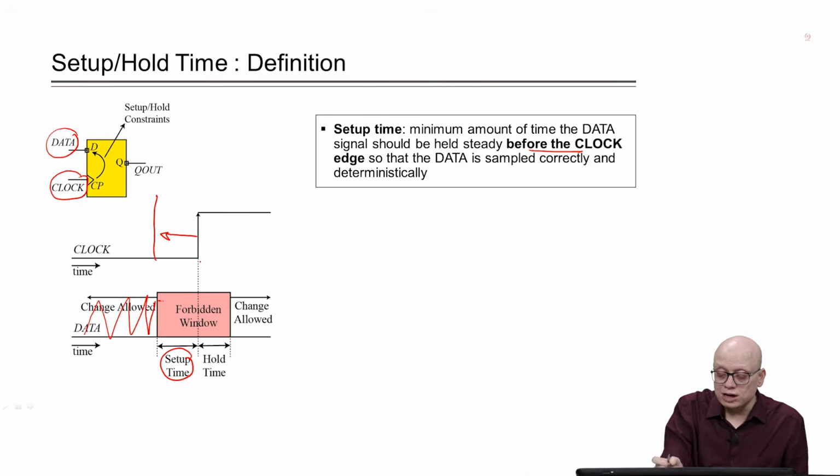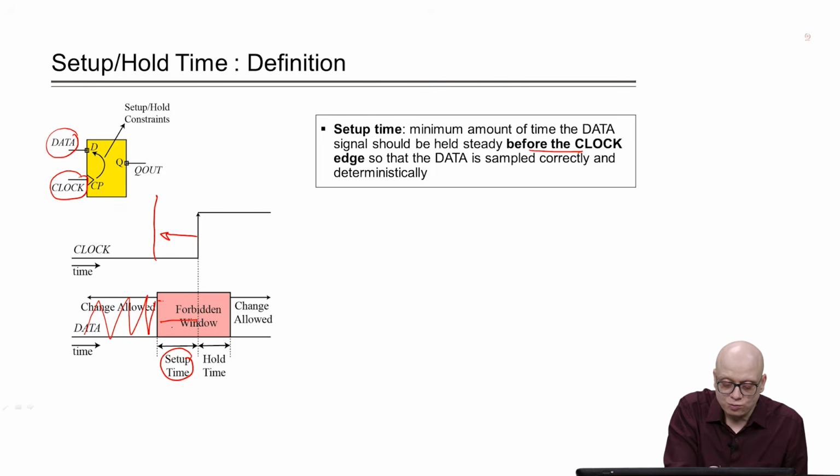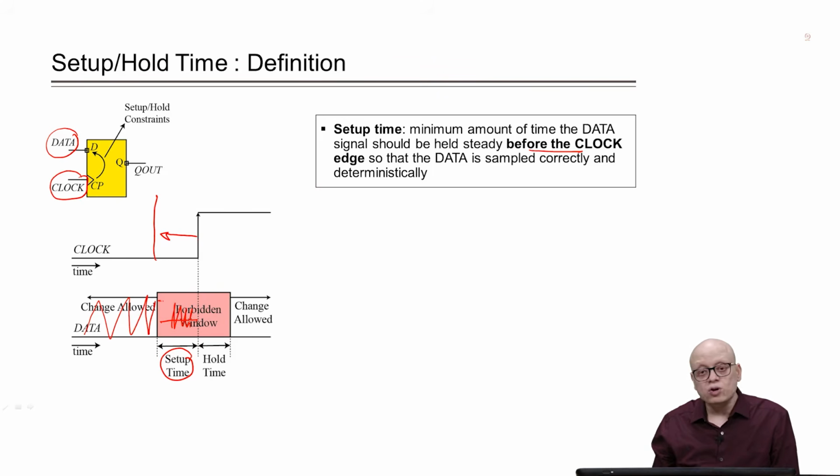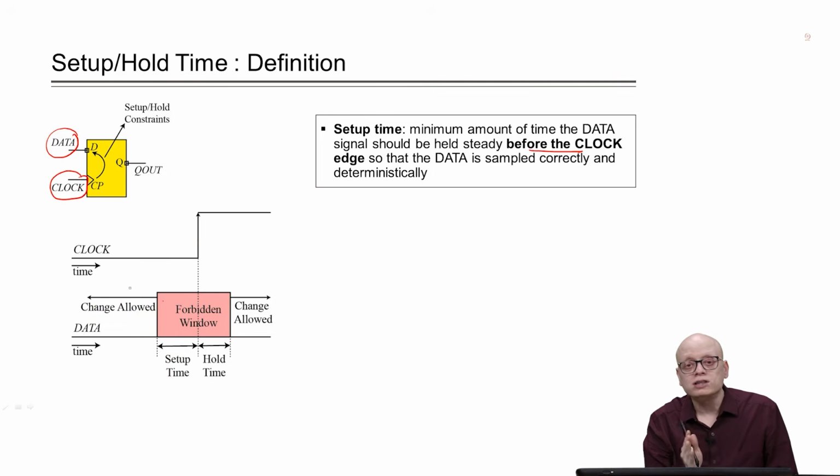So, before the clock edge, the data should not change for the setup time duration. In this window, we are not allowing the data to change. If data changes within this window, the value at the output pin Q of the flip flop cannot be deterministically set to be 0 or 1. So, this is a forbidden window for change before the clock edge.